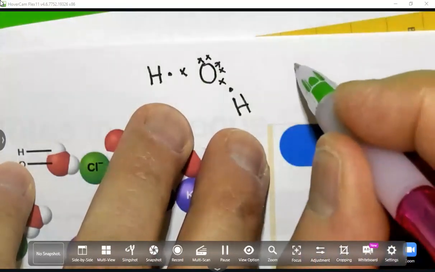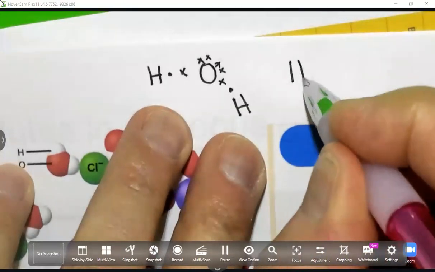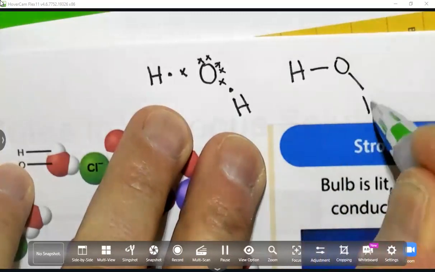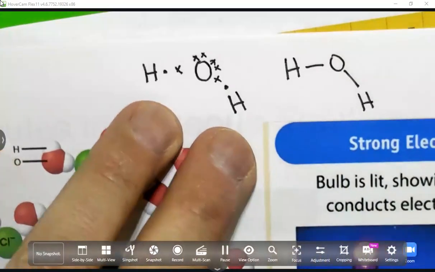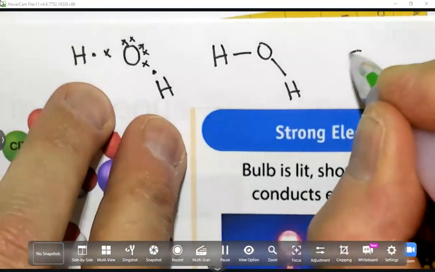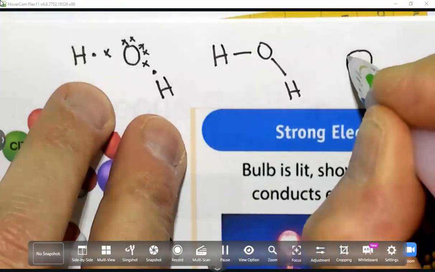You see water, another way you see it is like this. Or you see it in this diagram like this. I call it Mickey Mouse.